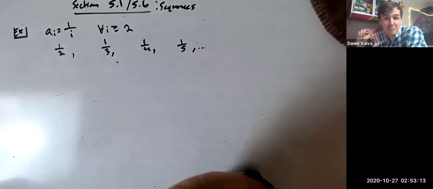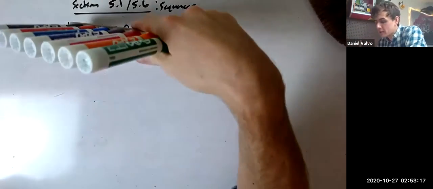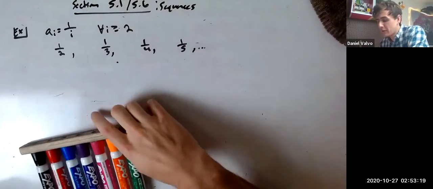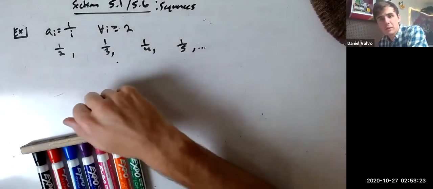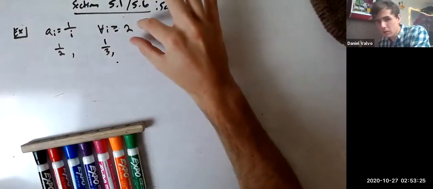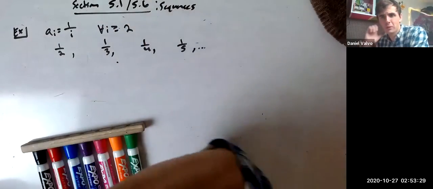What's your gut instinct? Do you think that there's maybe a different formula I could use, maybe a different starting point that would give me the same sequence? Or is this the unique way? Is there a one-to-one correspondence between explicit formulas and sequences?